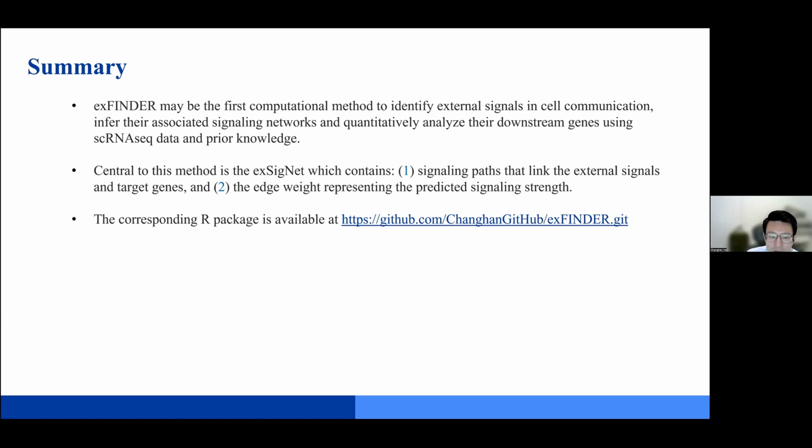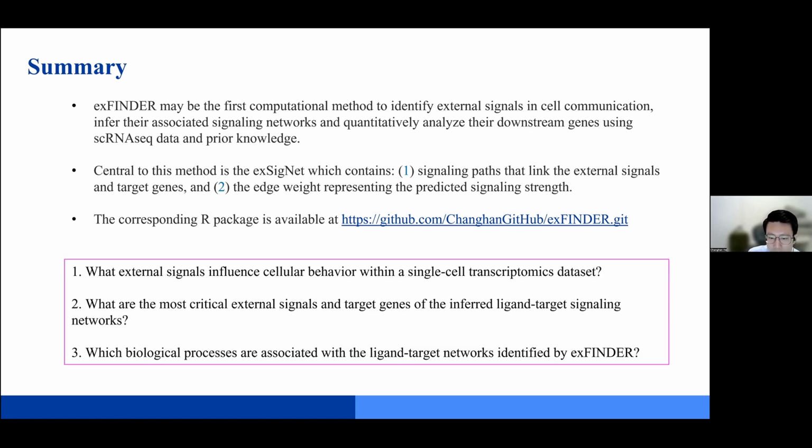So we can go back to the 3 questions: what external signals influence cellular behavior within single cell data? exFINDER can identify those external signals, identify the critical external signals and target genes, and also link the signaling network to important biological processes. So this is how exFINDER can answer these 3 questions.